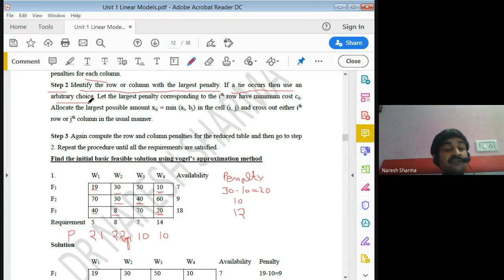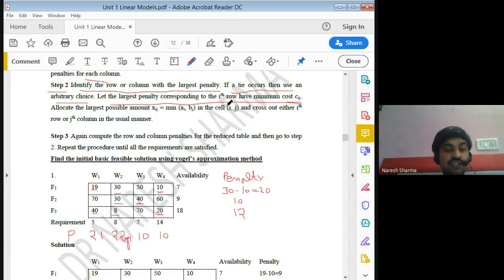If we have the same value in two penalties which are maximum, you choose any one of them, it's your choice.